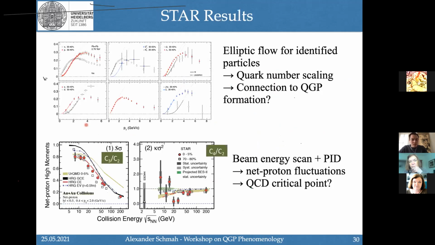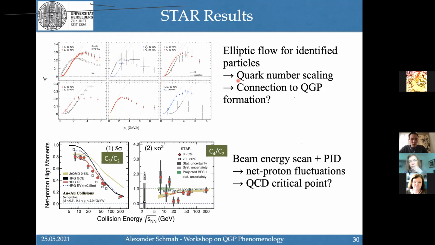So, some of the famous STAR results, and of course, most of those results were also done by PHENIX. This was elliptic flow for identified particles, for centralities, various particles. You see here pions, kaons, D mesons, and so on.